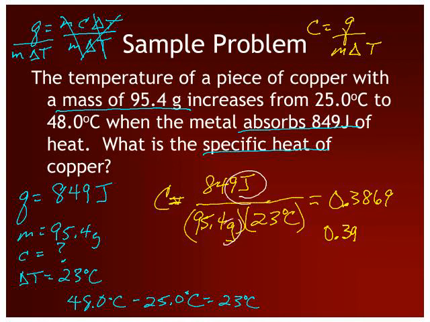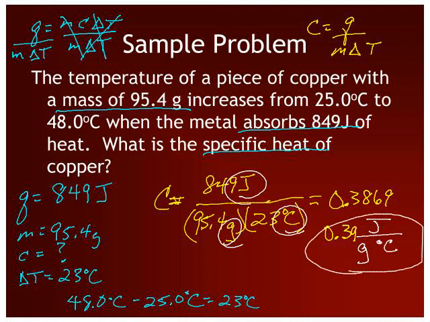I have joules, I have grams, I have degrees Celsius. So I just leave them the same. Joules over grams, degrees Celsius for my units. So this problem and the last one are the two most common things you'll be asked to solve for. You might see some where you're asked to solve for the mass or the temperature, but most times you'll be asked to solve for either Q or solve for C.